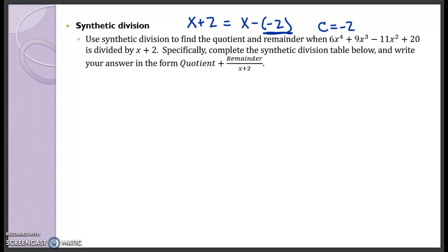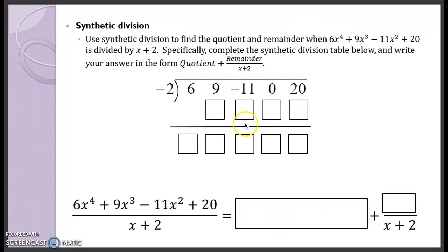Now, if you remember, we put our c value in our magic box, and the very first step is to bring down this 6.